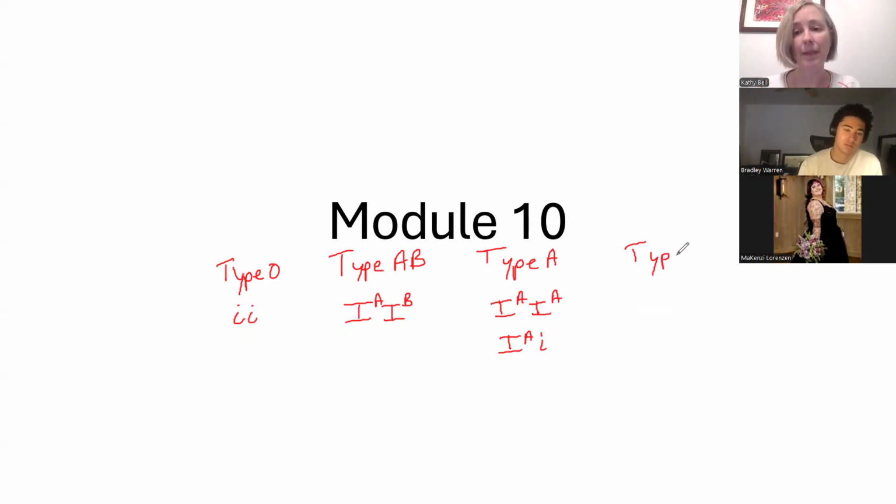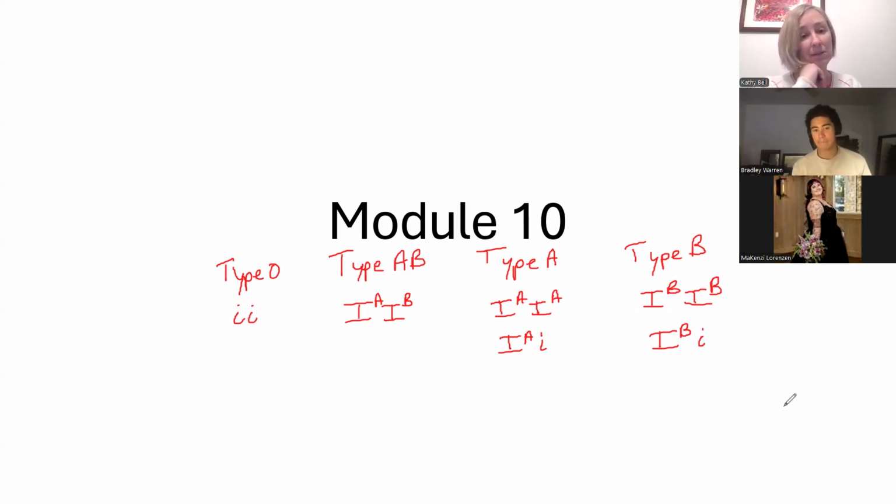And then type B, you could be two B's or a B and a little i. Gotcha. Okay, thank you. And I'll give you what the parents' genotypes are, but you would just have to be able to tell that would be type B for the child. Gotcha. All right, yeah, thank you.